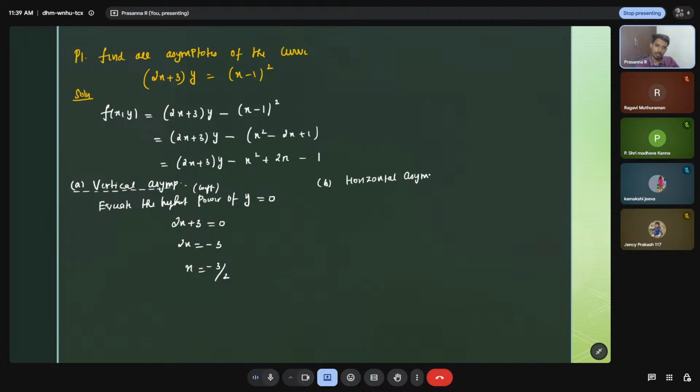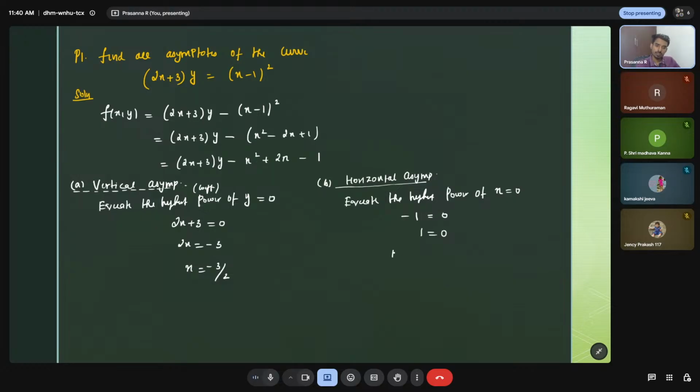Now we will find all horizontal asymptotes. Equate the highest power of x to be equal to 0. So here we have an x term and an x square term, right? So x square is your highest power, and its coefficient is minus 1, and it is equal to 0.